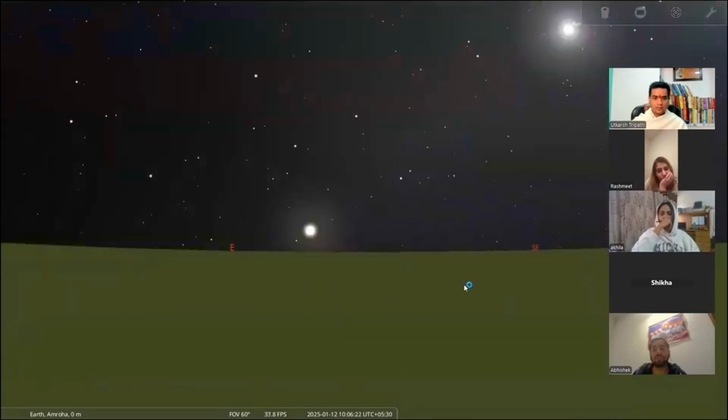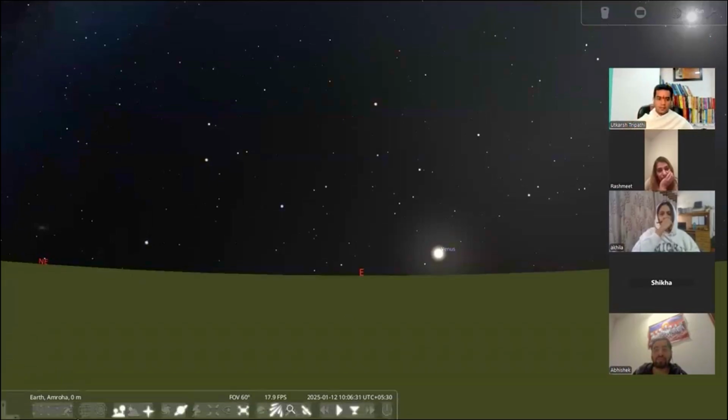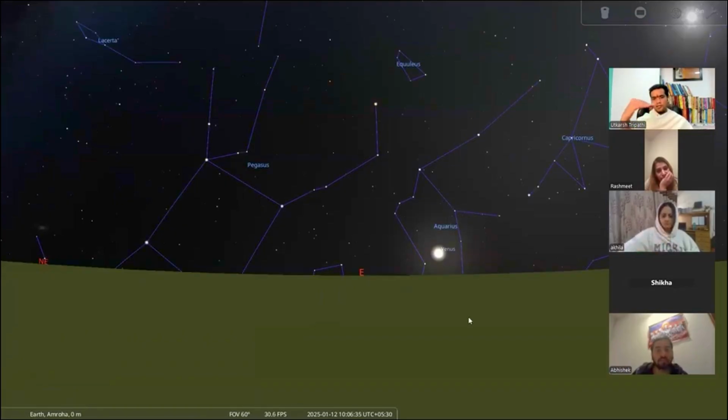Okay, this is south. So this is east. Look, in the east there is a Venus right there. This is how you will be seeing the horizon. If I put the signs on, see, that's how you will be seeing the sky. Are you able to see the screen fully? That's how you will be seeing.